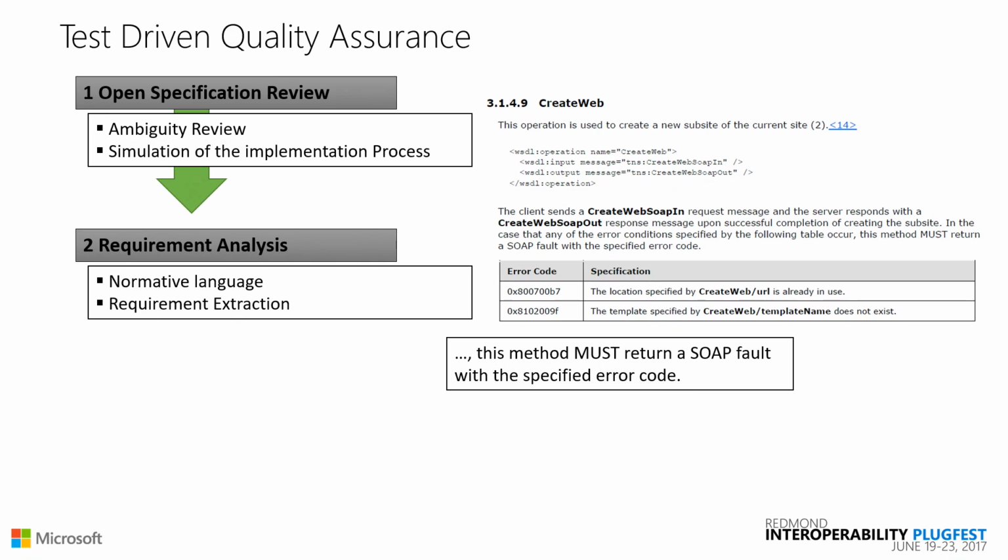Talking about analysis of requirements, we have to understand what normative language and informative language are. Normative language basically follows RFC 2119: must, should, may, and should not, must not, may not. We understand all of these demanding sentences as normative language.